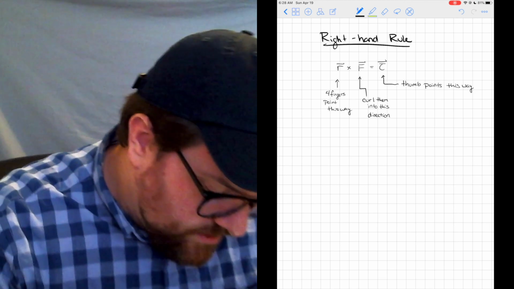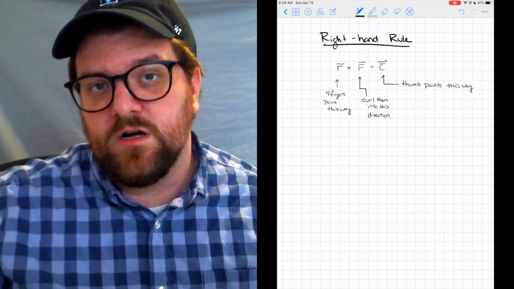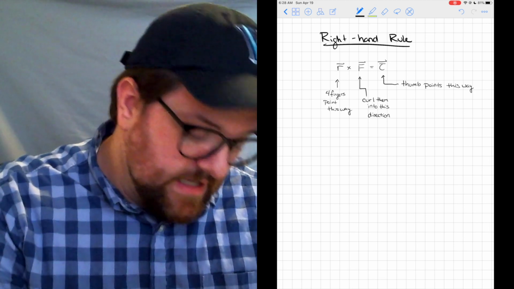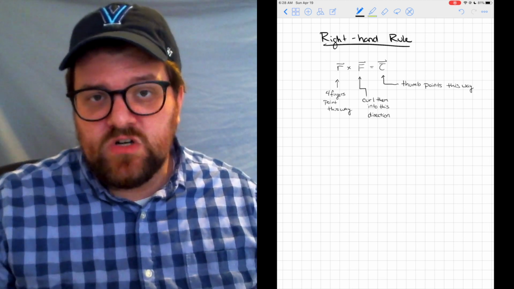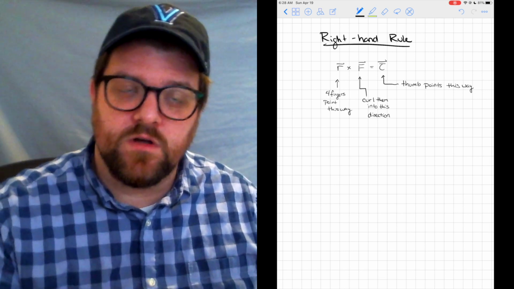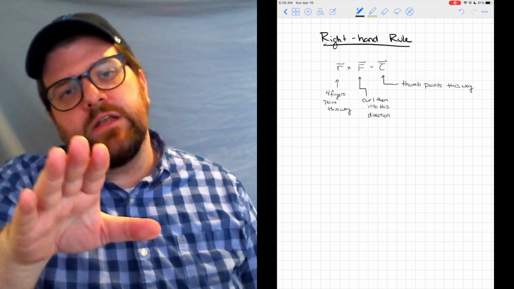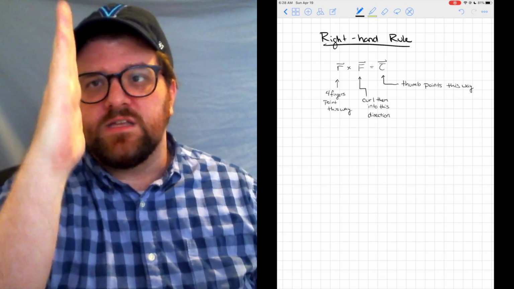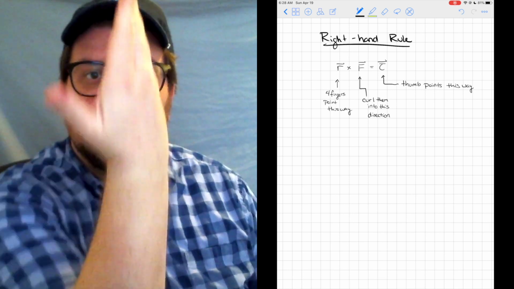So the way that I like to go about this is, if we think about A cross B gives me C, in this case it's R cross F gives me tau. R, our first variable, our first vector, is going to be our fingers. We're going to point our fingers in the direction of R. Now, I do want to point out, I can point my fingers like this, or like this, right?